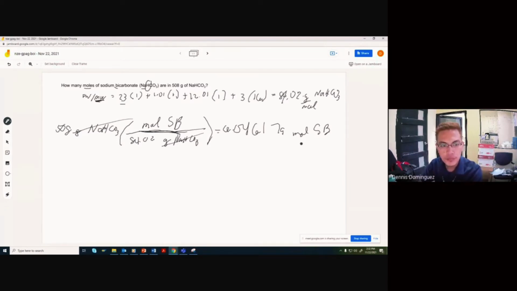So, if you'll use lang, kanang instinct lang na pili gamiton na significant figure, we will use the 3. Sir, i-use bang molecular weight? No, dili na gamiton. Ang kanilang present there is a problem, mo gamiton ng significant figures. For this one, that is 508, you have 3 significant figures, so pwede na itong round off to 6.05 atong answer. Mole of your SB or sodium bicarbonate.